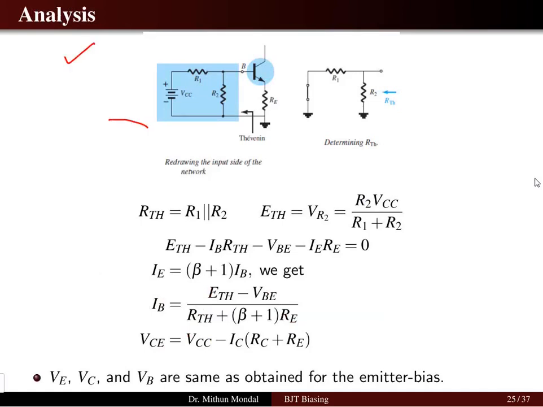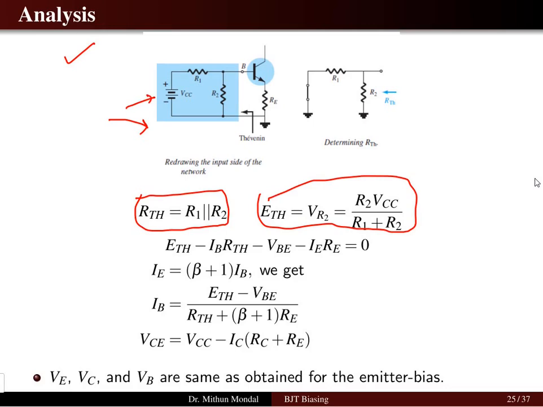In order to do the analysis, we will take the help of Thevenin's theorem and obtain the Thevenin resistance and the Thevenin voltage for the network in the voltage divider bias circuit. We also apply the KVL equation in the loop of the Thevenin circuit, and we know that the emitter current is beta plus 1 times the base current.